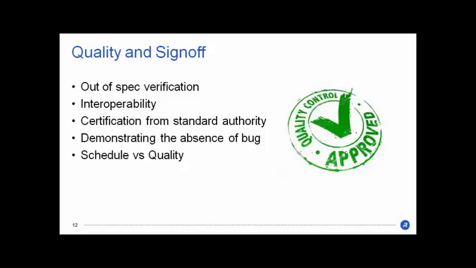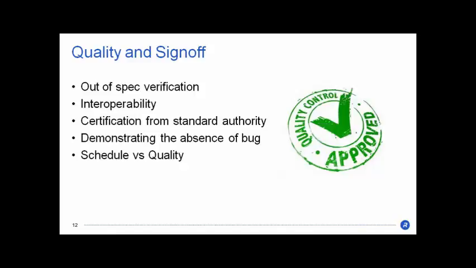The interoperability. As IP, we say that IP is reusable, and the expectation is that it should be plug and play. It should not have any kind of interfacing issues. Most IPs have a standard interface or some proprietary interface.